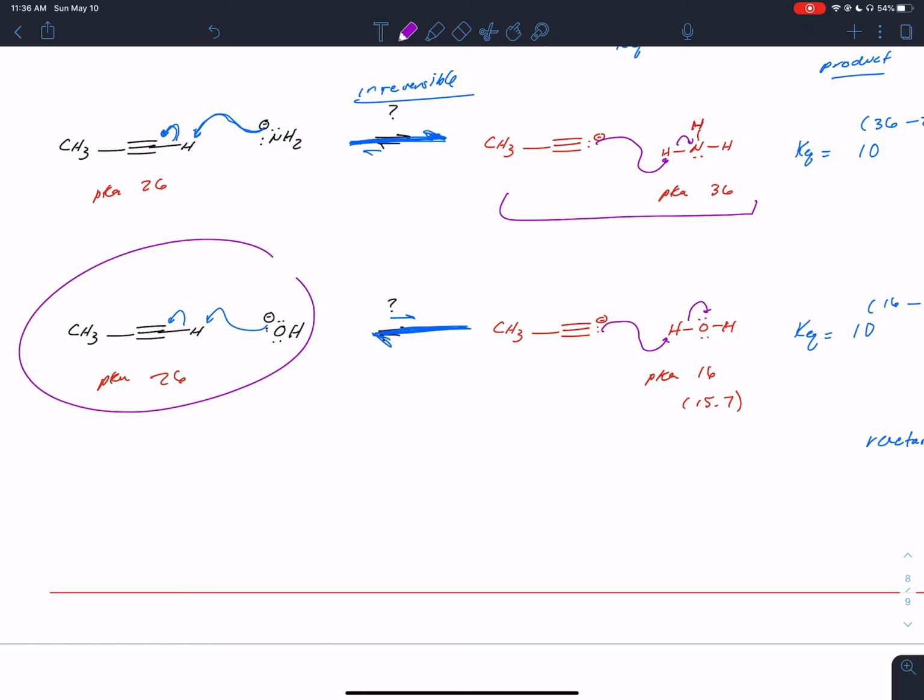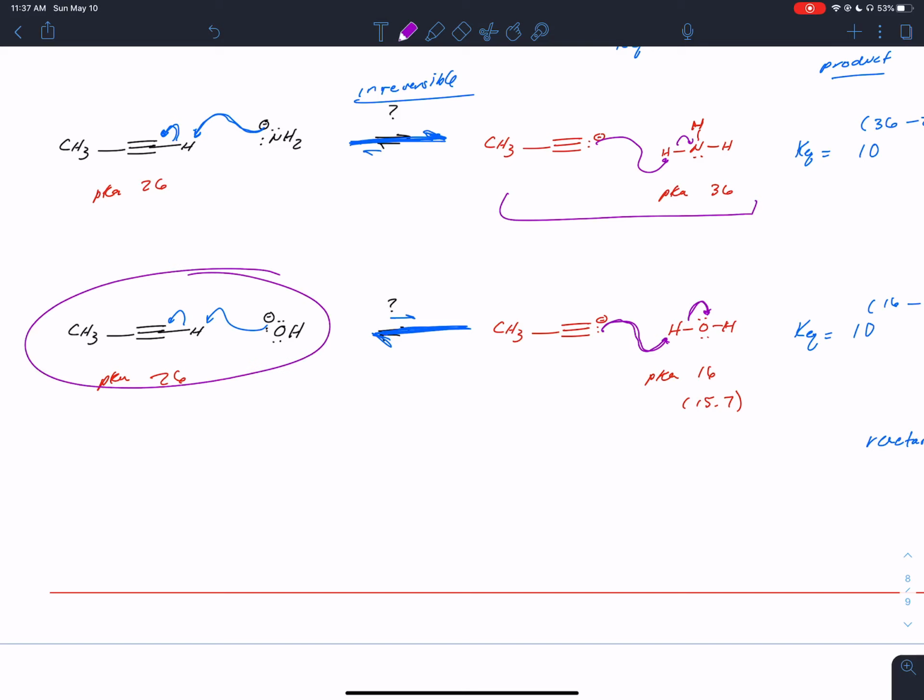And this side is favored. So if hydroxide does take off the proton to produce these conjugate species, the acetylide ion would very quickly take back the proton from water to reform hydroxide and the neutral terminal alkyne. And that would be very, very much favored.